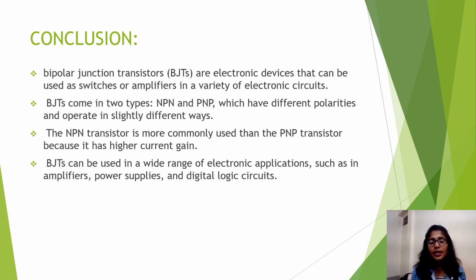The NPN transistor is more commonly used than the PNP transistor because it has a higher current gain. BJTs can be used in a wide range of electronic applications such as amplifiers, power supplies, and digital logic circuits. Thank you.